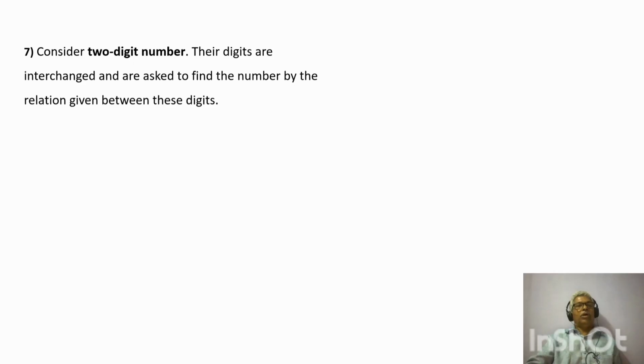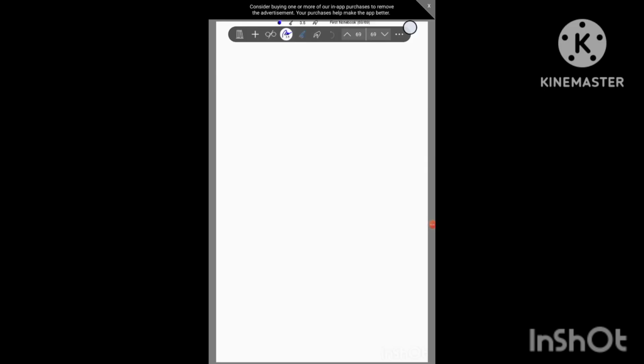Next, consider a two-digit number whose digits are interchanged, and you are asked to find the number by the relation given between these digits. So if you come across such type of examples, take the two digits as xy.